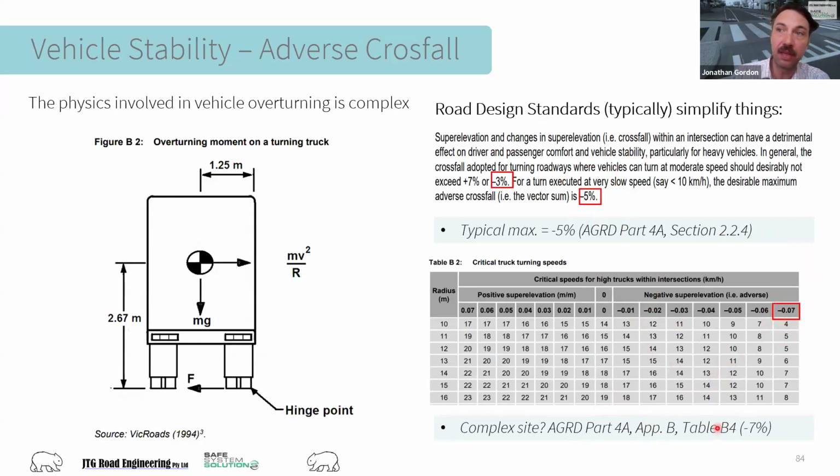And that's an important thing to consider in designing these rest safety platforms, because you'll find 5% is pretty hard to achieve a lot of the time. I'm not encouraging you to consider 7 is great, but you'll start to need to understand what your site means for some of these steeper adverse crossfalls. And if it's steeper than 7%, adverse or in any direction potentially, you have a serious overturning concern for your project, and it might need to be managed in other ways.